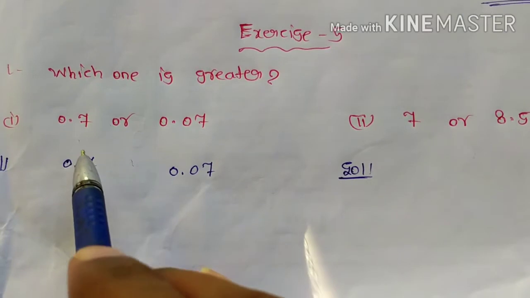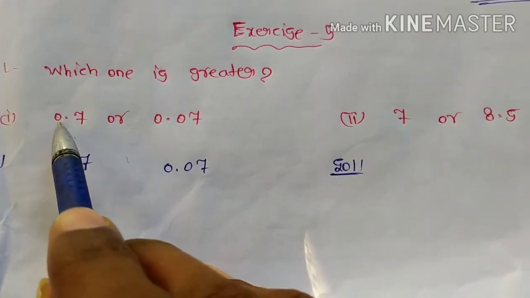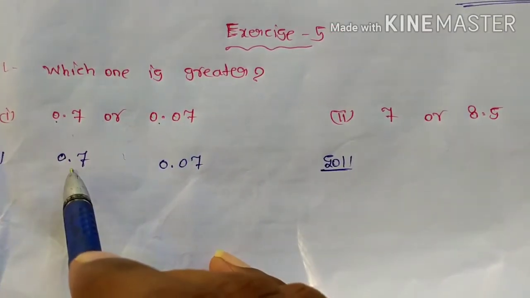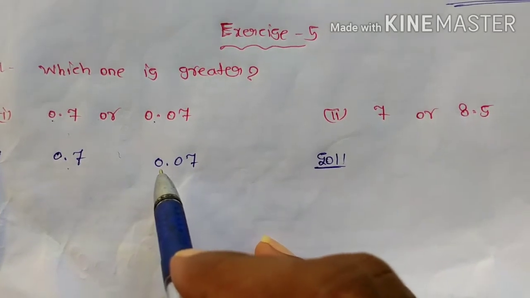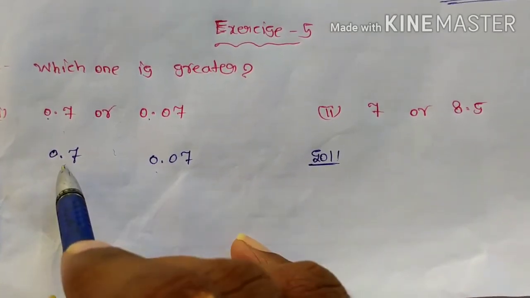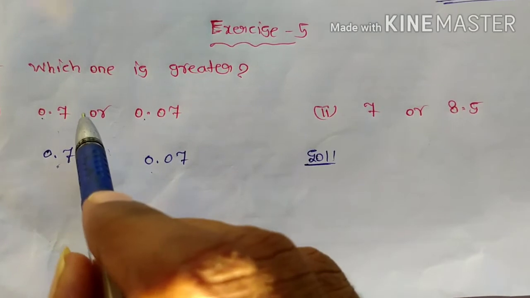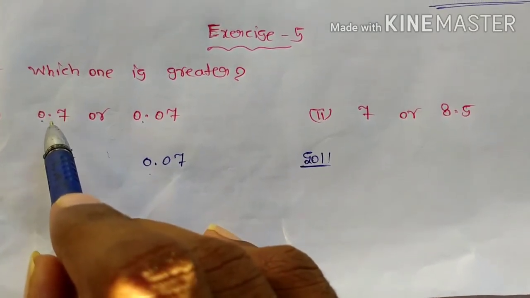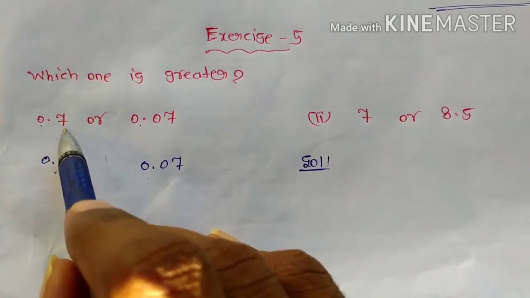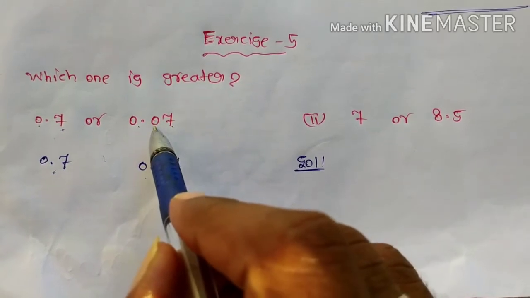First you can see the integral part, here 0, here 0. That means both are the same. Yes or no? That means the integral parts are same. Next you can consider the right side. See, after the decimal point you have only one place here. Here how many places? 2 places.